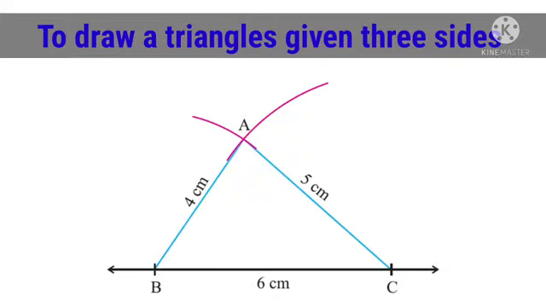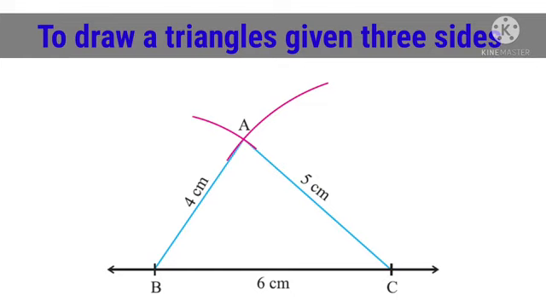Next is drawing a triangle. First, to draw a triangle having three given sides. First you draw BC of 6 cm and then AB of 4 cm.